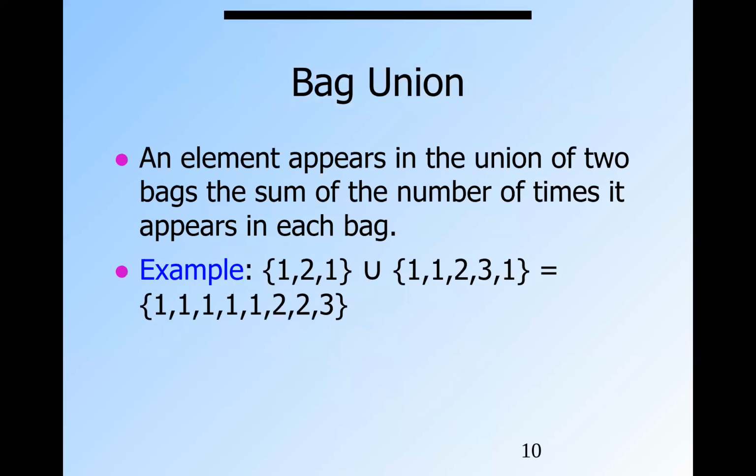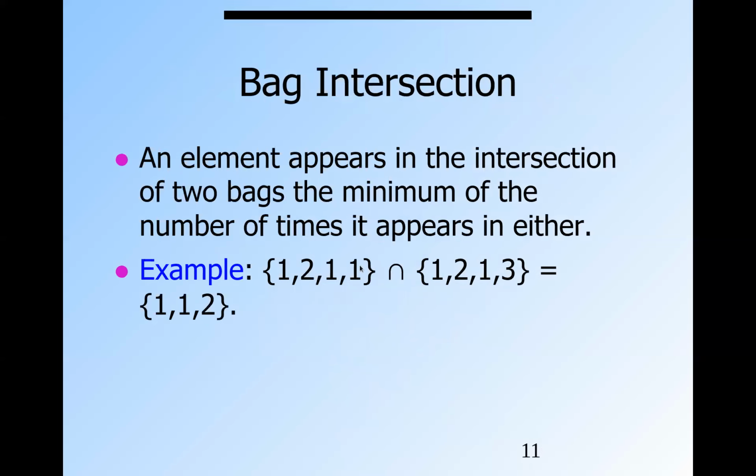Bag union will do what you would think it would do. It will allow for the duplicates. So if you union 2 bags, you're just going to push them together. That is union, and then intersection. It will basically do a matching.